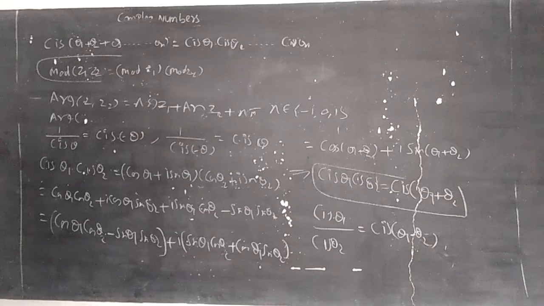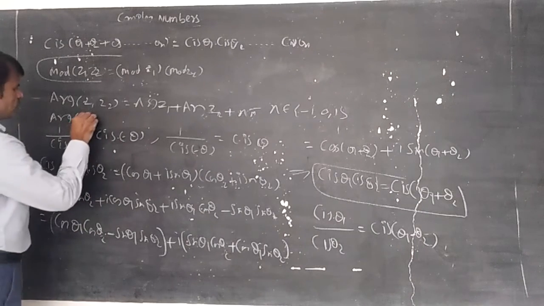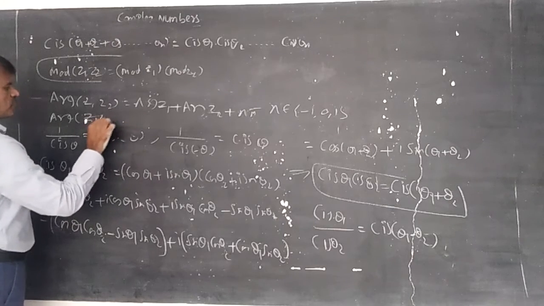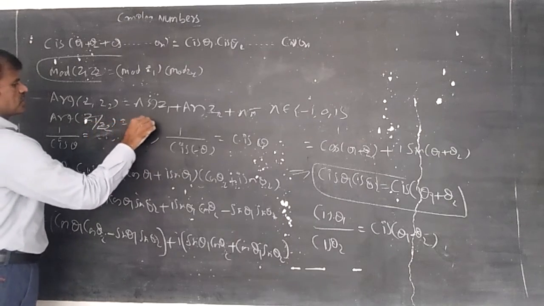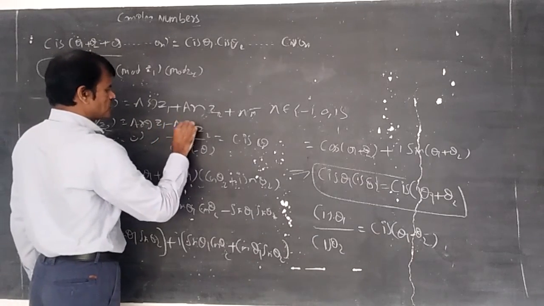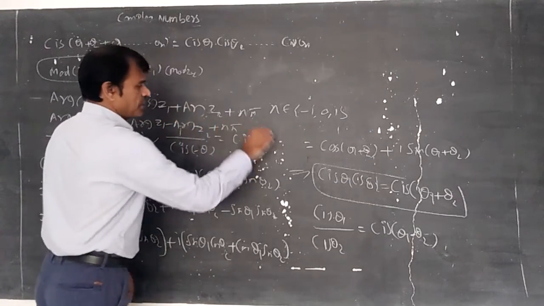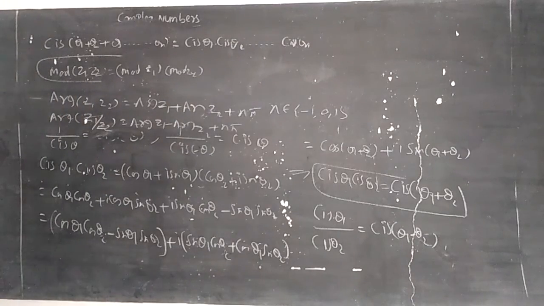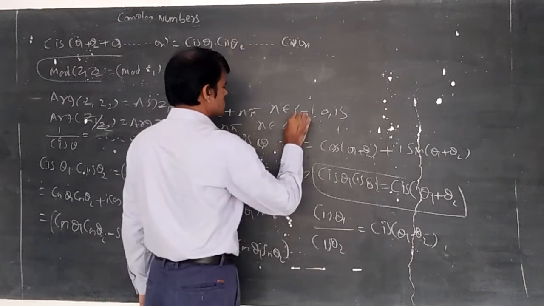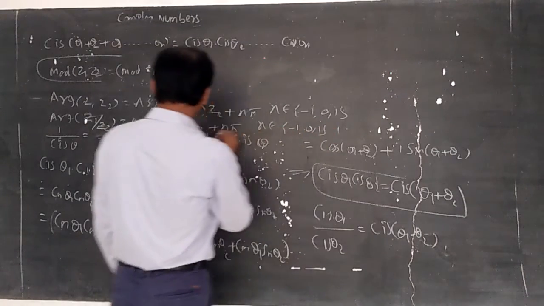Argument of z1 by z2 is equal to argument z1 minus argument z2 plus n pi, where n belongs to -1, 0, 1.